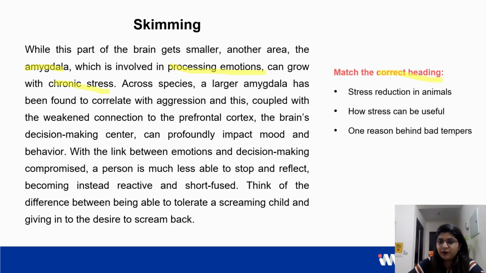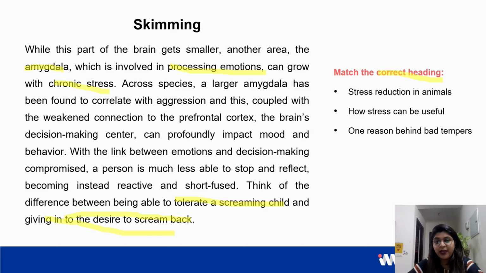"Think of the difference between being able to tolerate a screaming child and giving in to the desire to scream back." What is the difference if you are able to tolerate a screaming child or if you have the desire to scream back? So after reading these two lines, I am very clear that the passage is talking about emotions, some positive emotions, and some negative emotions like anger and aggression.